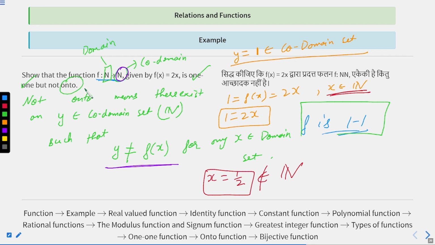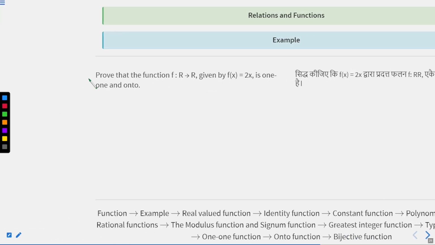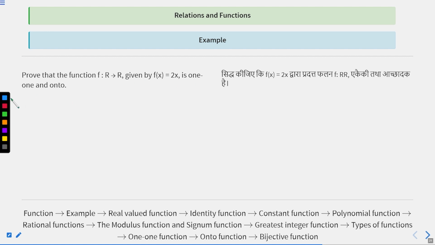I hope that it is very clear to you. Okay, let's move to the next example. Now here my function is from R to R, meaning real numbers to real numbers. As you can see, it is a real function.